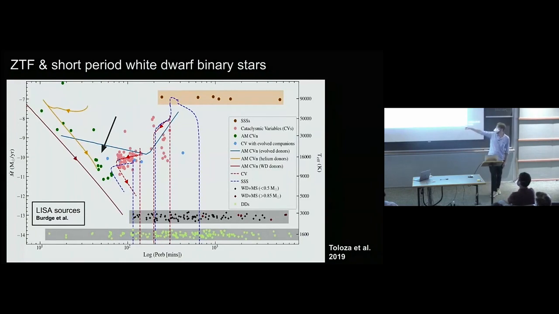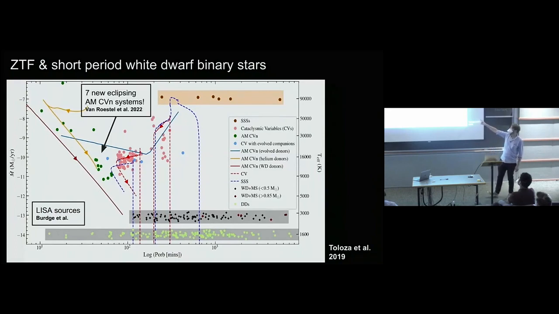For example, if you're interested in ZTF discoveries of double white dwarfs, look at Kevin's work. I think that was missing. Yes, Matthew already showed something about eclipsing AM CVn systems, so you can find one of my papers on that too from ZTF.